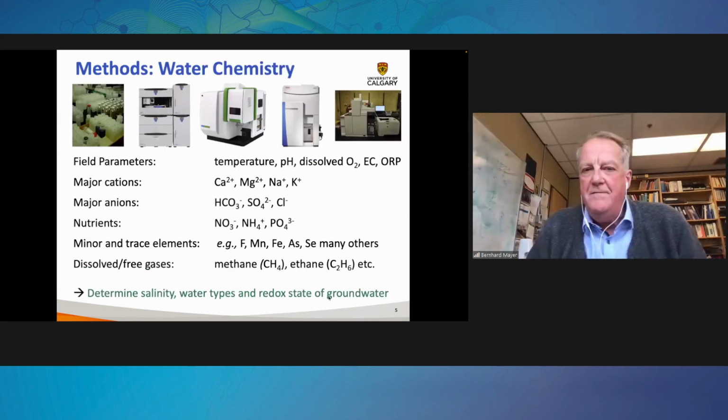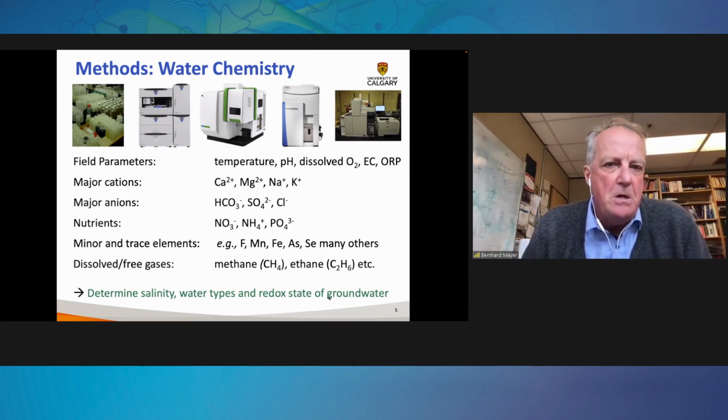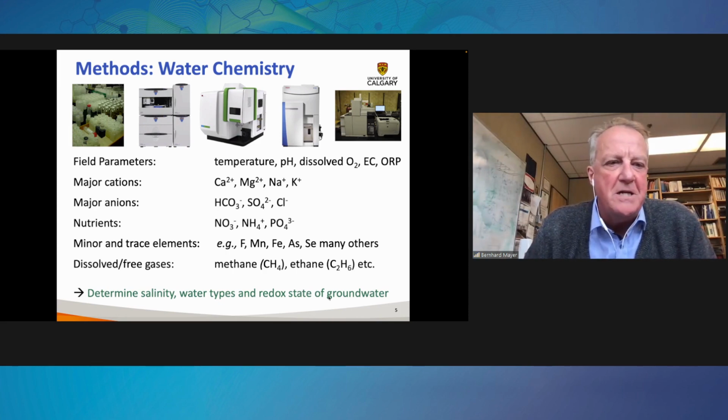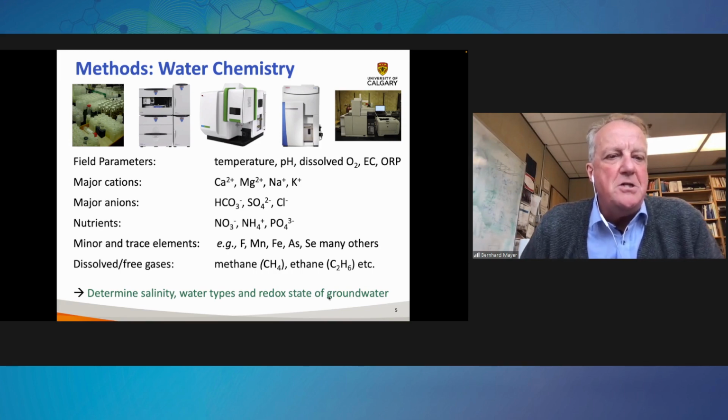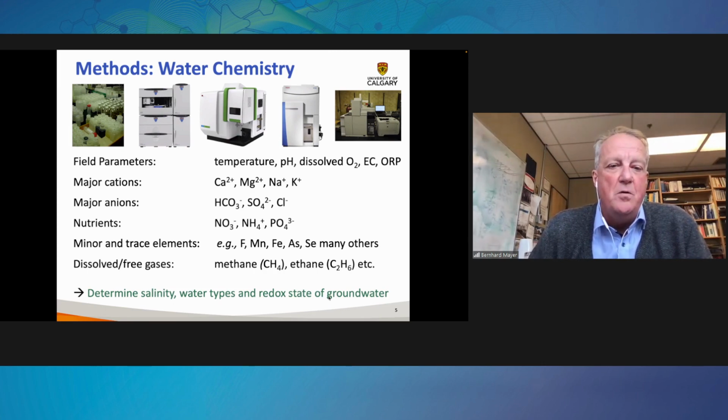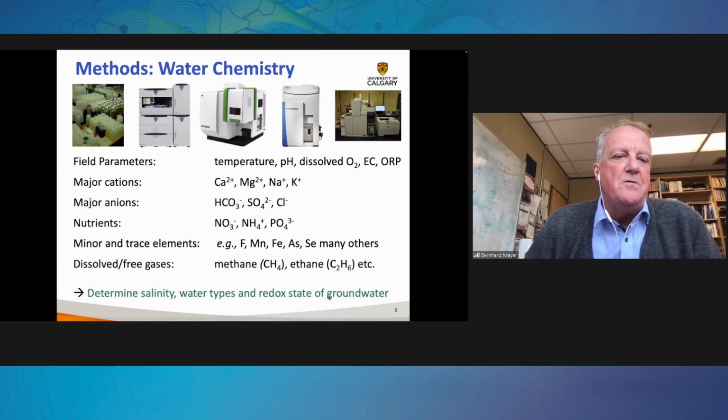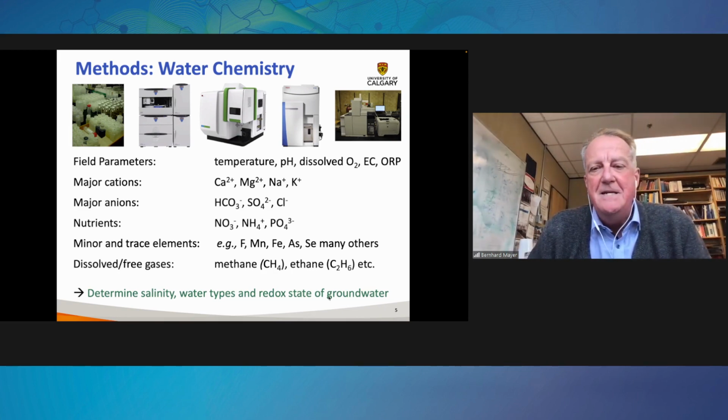In order to achieve these goals, we use in principle 3 different methodological approaches. One of them is simply determining the water chemistry. That includes pH values, dissolved oxygen, redox potential, the concentrations of major cations and anions, the concentrations of nutrients such as nitrate and phosphate, concentrations of minor and trace elements such as fluoride, manganese, arsenic, and others, and where available also the concentrations of dissolved and free gases such as methane and ethane in groundwater.